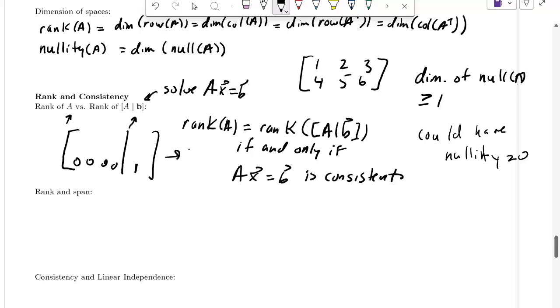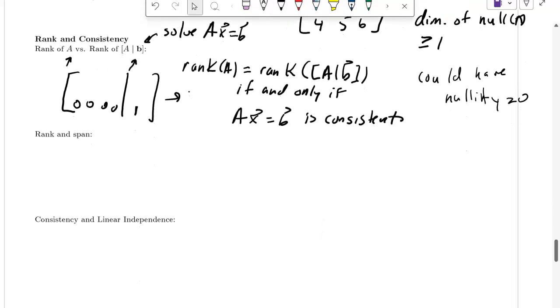It's the only possibilities, right? You only added one more column, so the rank can only go up by one more. If it went up by one, that means you had this situation in one of your rows, which means it was inconsistent. So consistent if and only if the rank doesn't change. Okay.